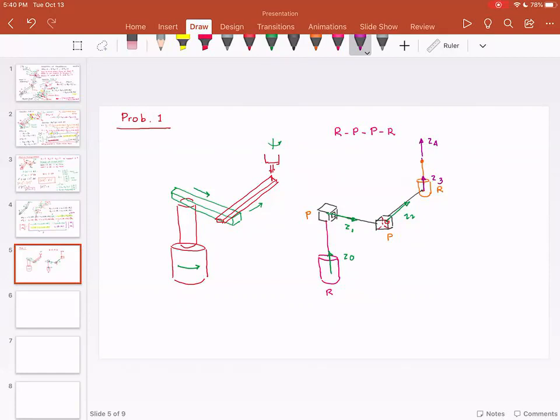If you like, you can assume your variables to be like A1, D2, D3, and this would be theta 1, and this would be theta 3.